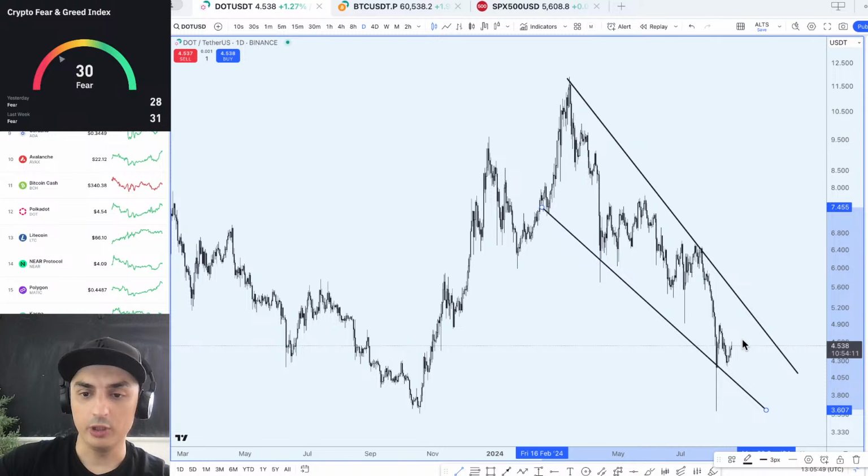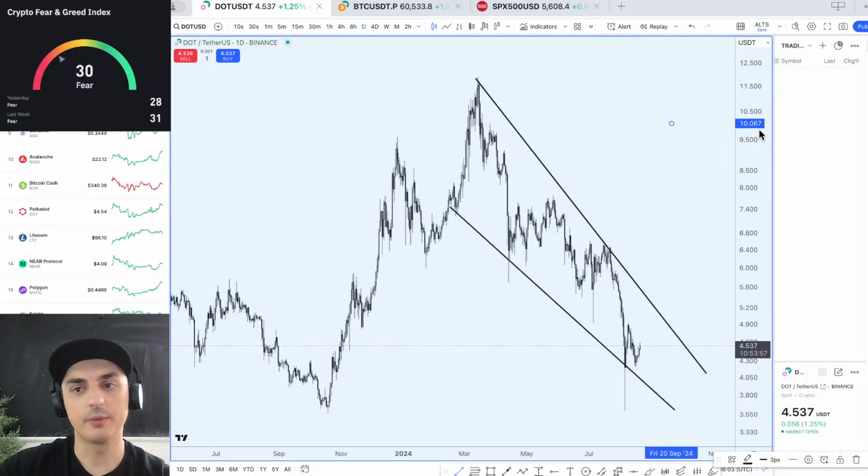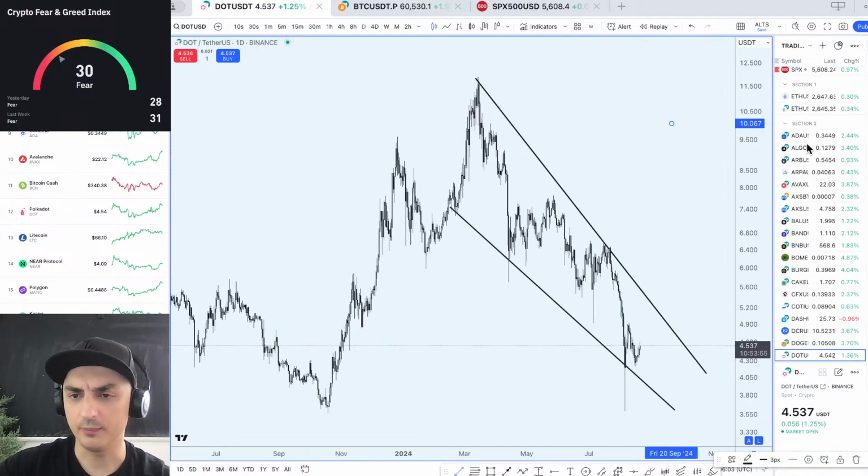So it's up to you. If you think this is a good area to get this one or to get other coins, that's up to you. I personally don't really like what I see over the markets and over most of the coins, basically.